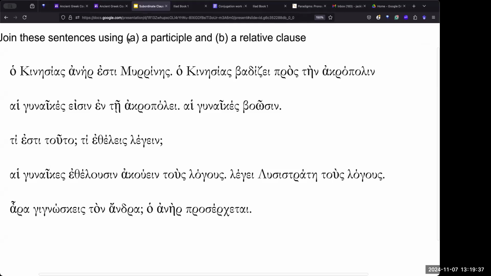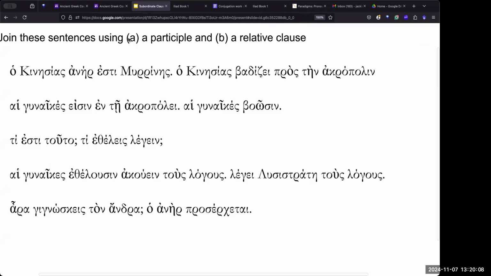Or if we did the other way, where we say Lysistrata tells the stories that the women want to hear. What do we do then? Is the relative pronoun plural in this case? Yeah, it has to be. The thing we're replacing is tus logus, which is plural.